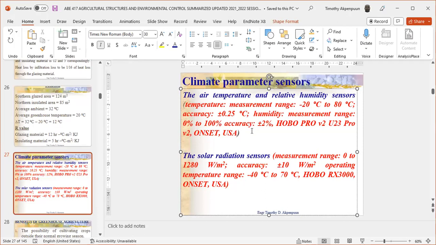How do you control the amount of solar radiation coming into the greenhouse? How? By using a thermal shade. One you say is the thermal curtain, or they call it thermal screen.